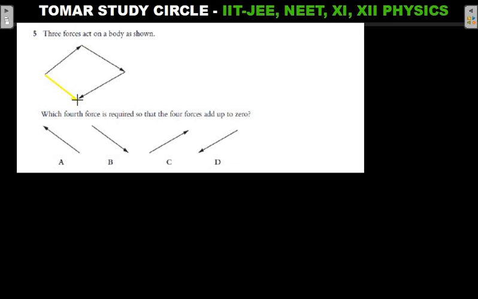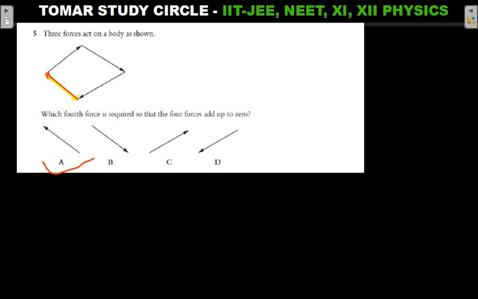The fourth force will be equal in magnitude to this force and directed opposite to it. Hence the force will be along this. This is basically the fourth force. So the correct answer will be A.